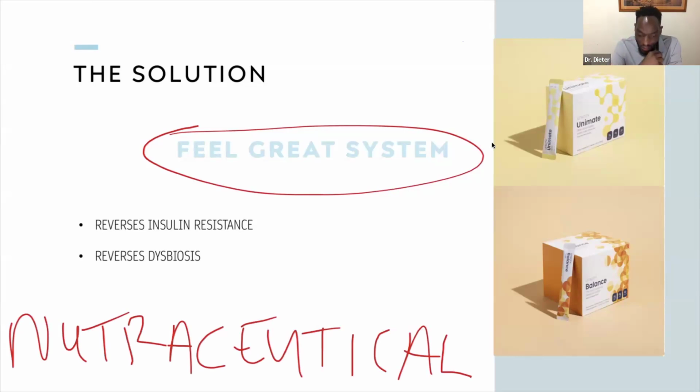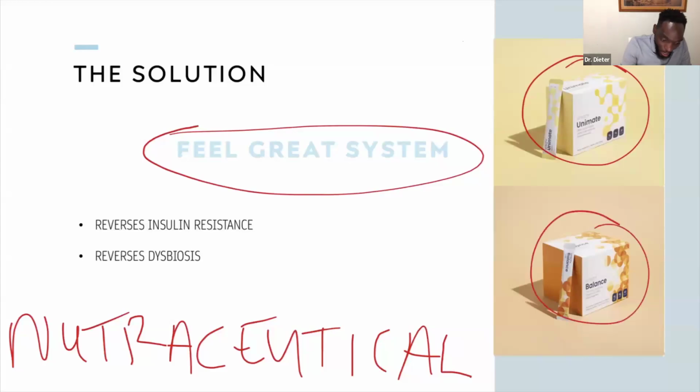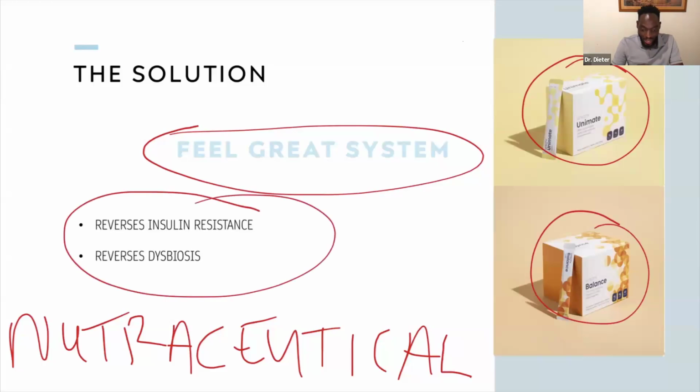And there are two things in this system. The first product I'll talk about is a product called the Unimate. The Unimate is made from a plant that is native to South America called the yerba mate plant. These two products help to address these two conditions, and I'll show you how. The yerba mate plant contains a special phytonutrient called polyphenols.